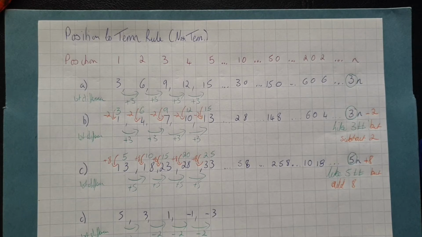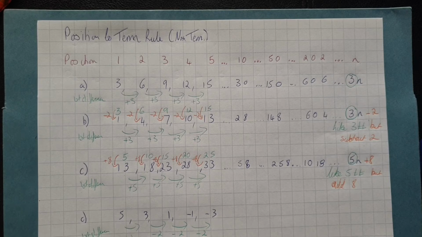Now I hear you cry, but we don't do the minus 2 times table. As mathematicians, we are forever looking to expand the number line, expanding the use of number. Just because we're used to dealing with the 2 times table, we can also have the negative 2 times table. We don't tend to be tested on it, but we expect to be able to calculate it. So what is the minus 2 times table?